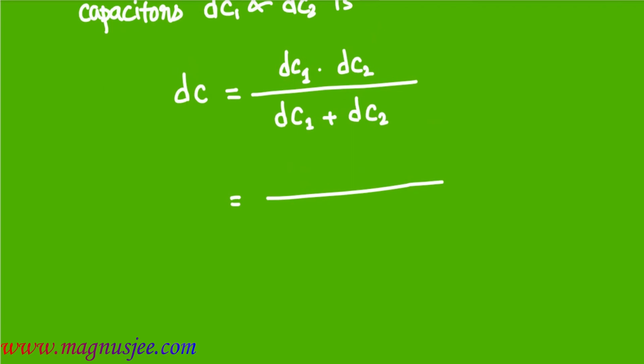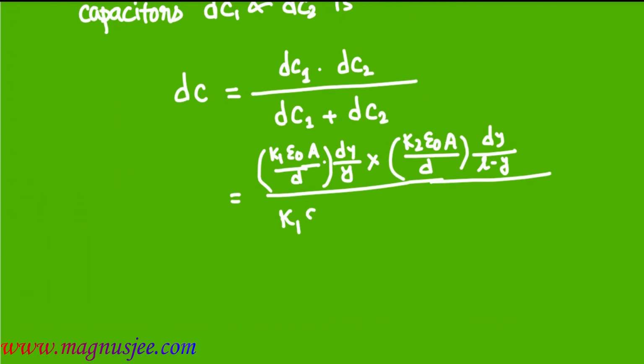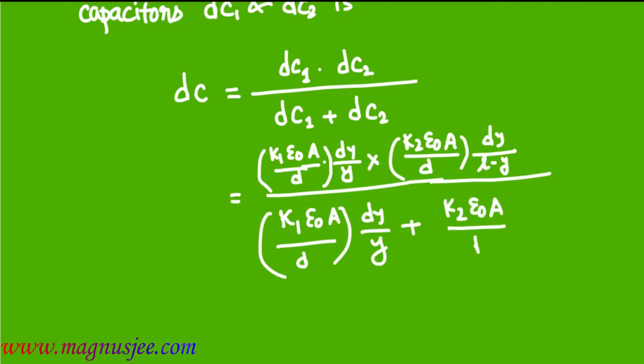So finally, if we put the expression of dC1 and dC2 in dC, we get K1 epsilon 0 A divided by d, dy by y, into K2 epsilon 0 A divided by d, dy by l minus y, divided by K1 epsilon 0 A divided by d, dy by y plus K2 epsilon 0 A divided by d, dy divided by l minus y.